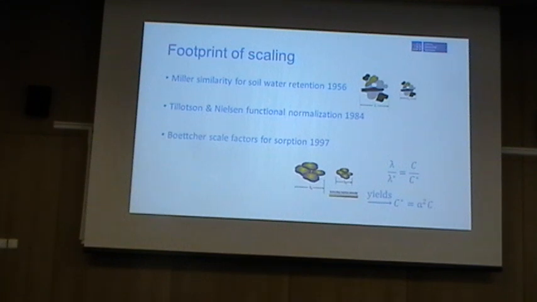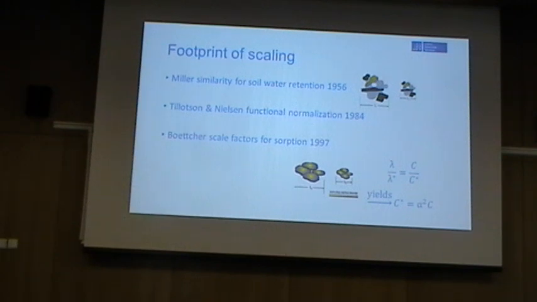Actually, scaling is used in the hydrology area to quantify the variation of the water retention curve. In 1956, Miller and Miller proposed a great concept that the pore systems for water flow in soil are similar, so the water retention curve could be scaled.